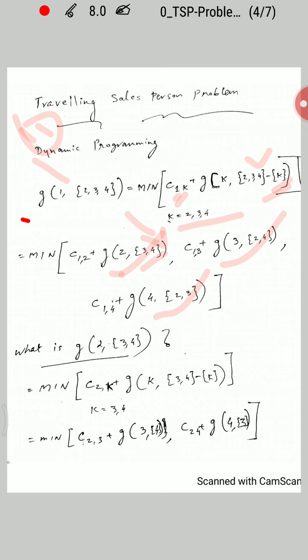Then let us descend to g(2, {3,4}). What is its value? Since it is recursive in nature, that is equal to the minimum over k of c(2,k) + g(k, {3,4} - {k}).